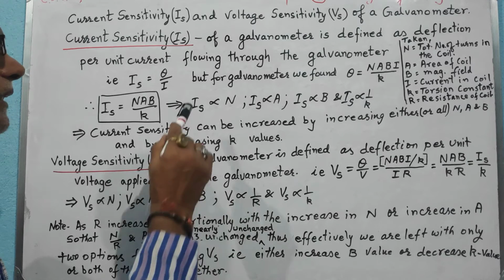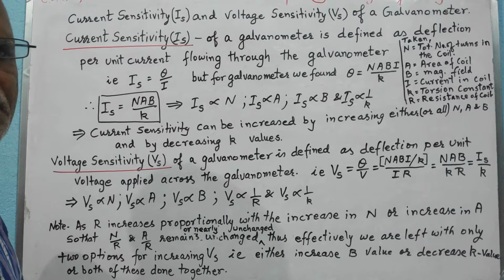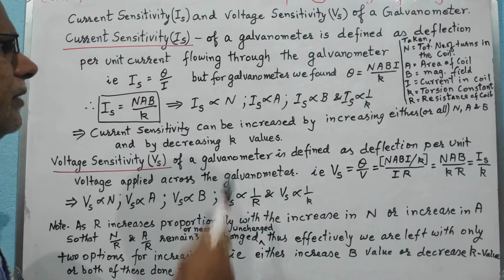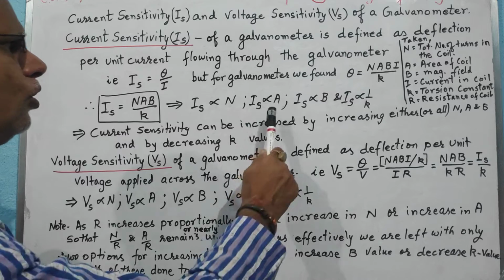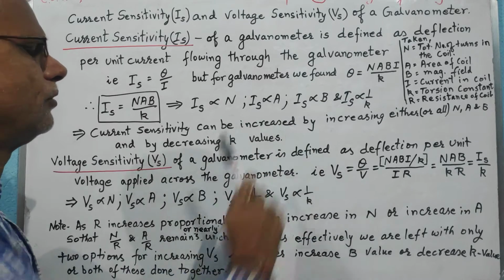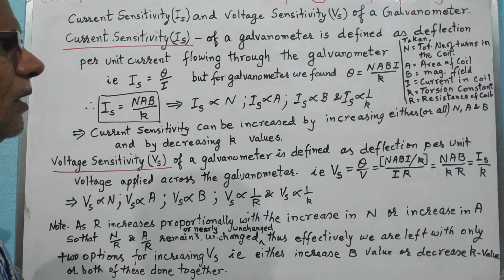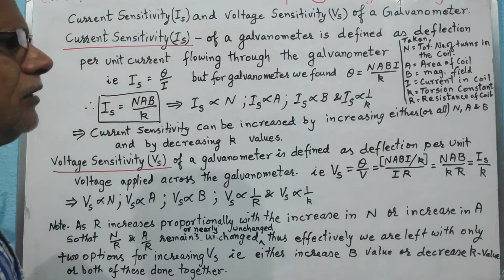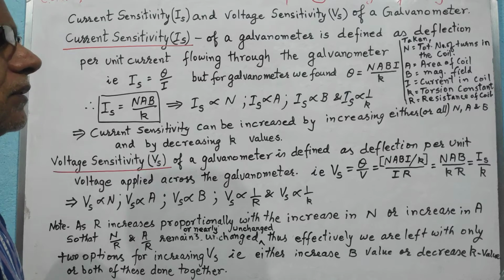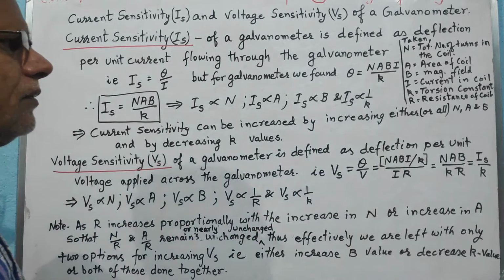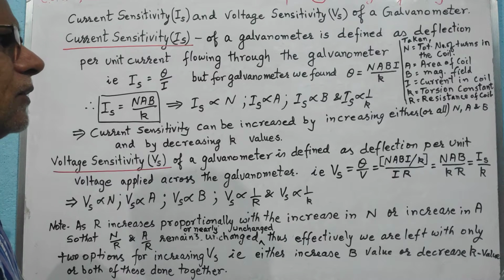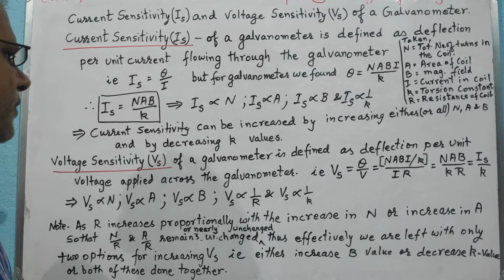So the current sensitivity will increase if we increase the value of N, or A, or B, and will also increase if we decrease the value of K. The lesser the torsion constant of the wire, the greater will be the sensitivity of the galvanometer.